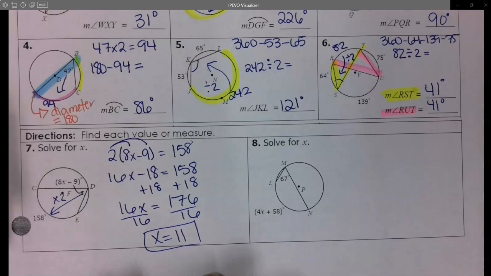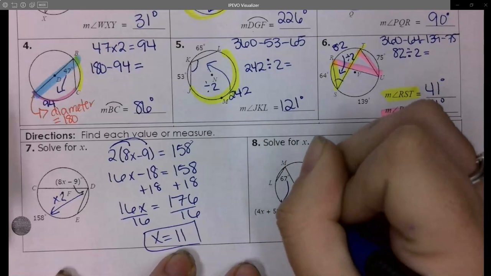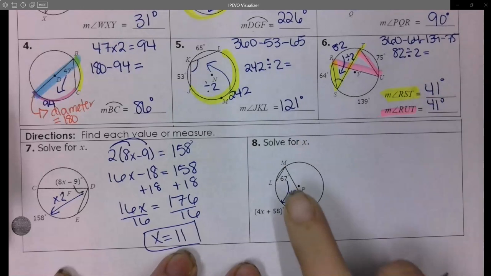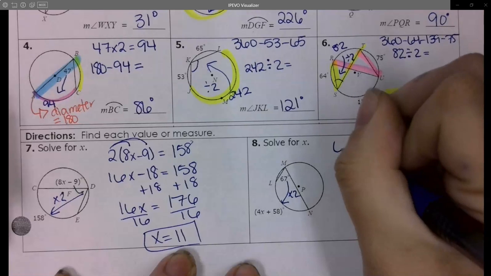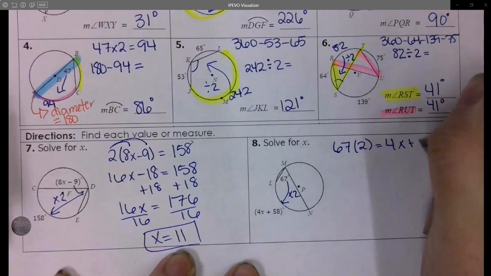So number 2, again, wants me to solve for x. I'm going to go from this angle to here, and I multiply by 2. So this time it's the 67 that's being multiplied by 2, and it equals 4x plus 58.